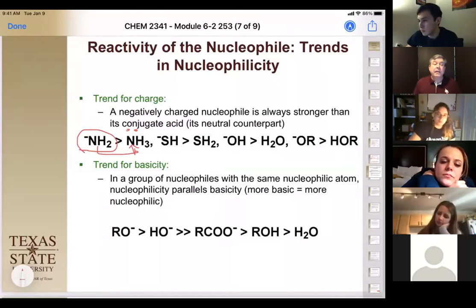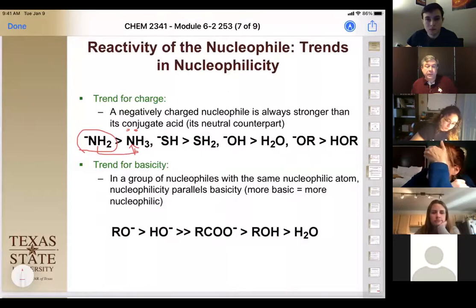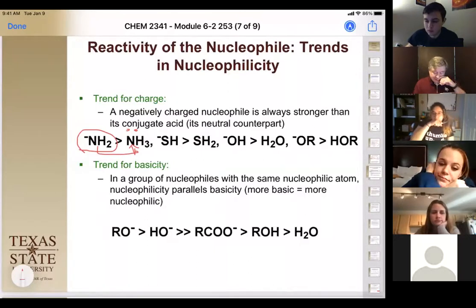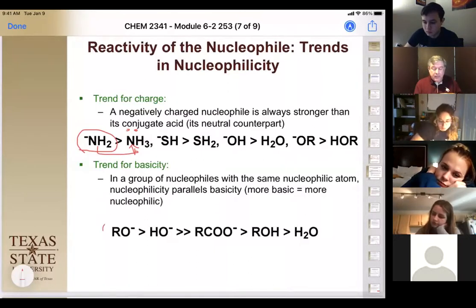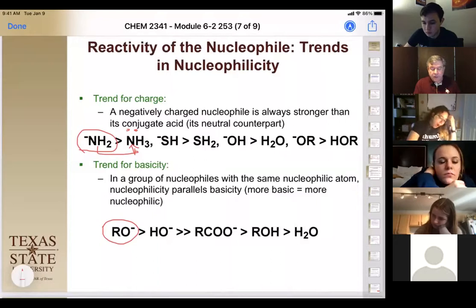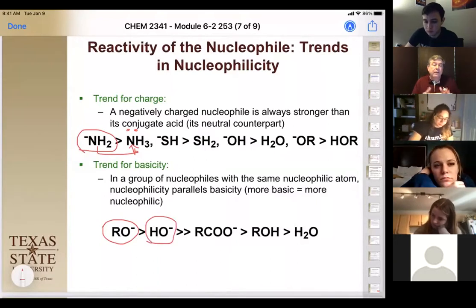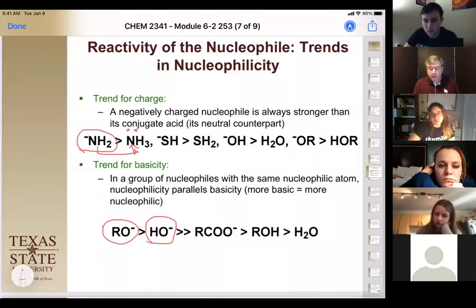The next thing we want to look at is basicity. The stronger the base, the more nucleophilic it's going to be. In the case of the oxygen series here, alcohol has a pKa of about 16 to 17. Water has a pKa of 15. This one has a pKa of 4.7.